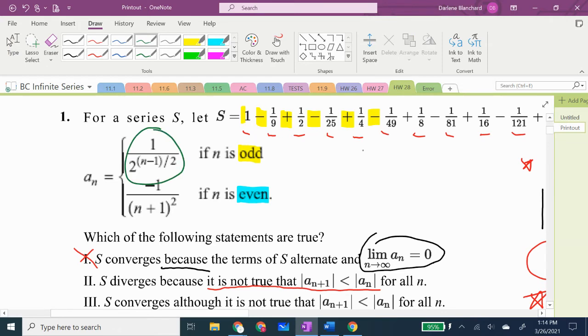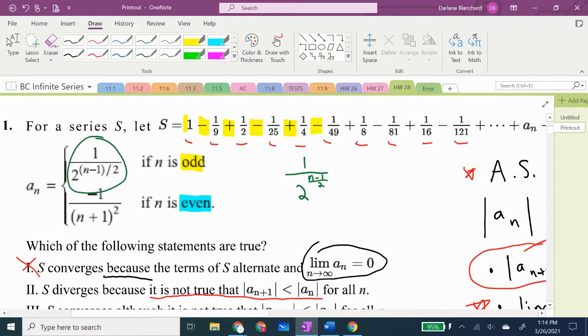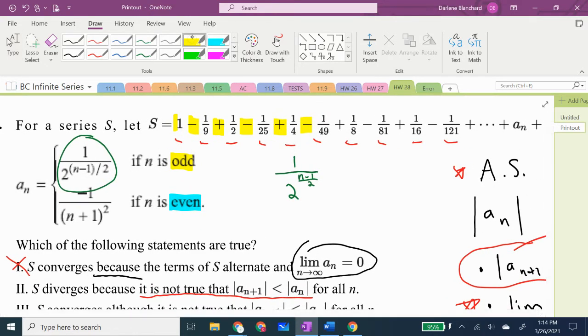So this one right here is 1 over 2 to the power of n minus 1 over 2. Now this is a geometric series. I see that n is only in an exponent, but what is r? In order to find r, I have to remember some exponent rules, and that would be when 2 shows up in the denominator of an exponent, it actually means square root.